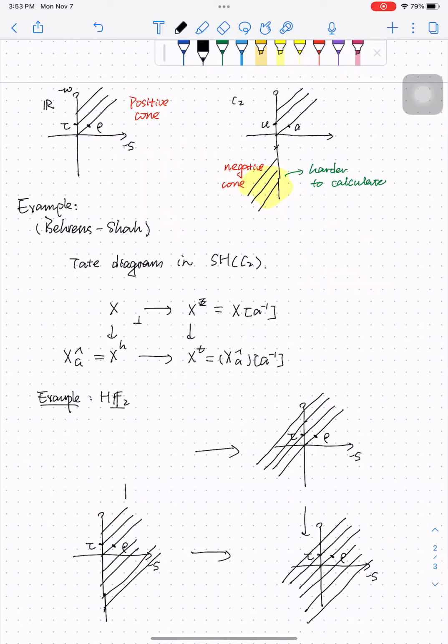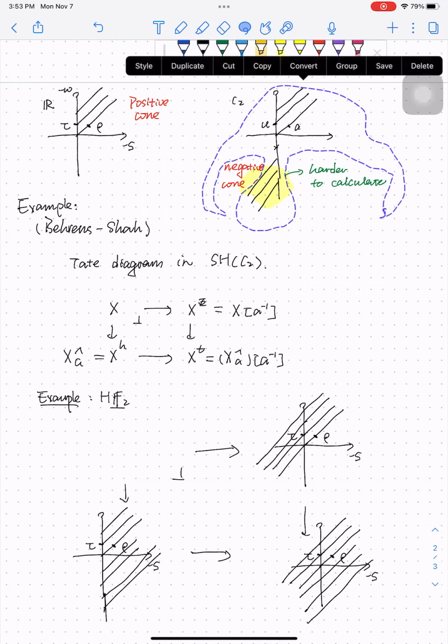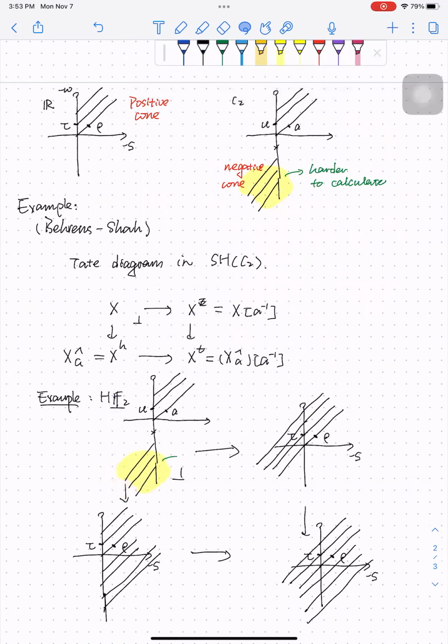And you do a pullback diagram calculation that will give you this picture. So this is an example of calculating C2-equivariant from R-motivic.